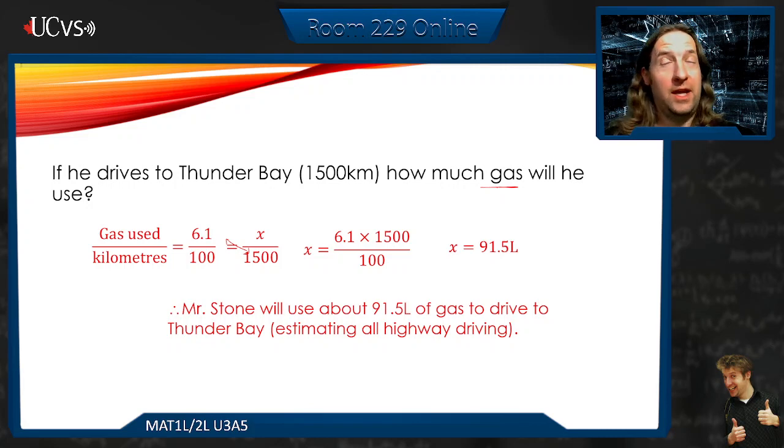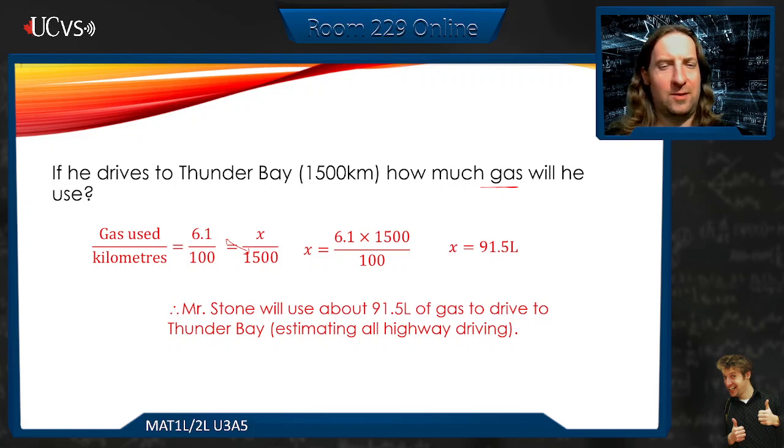which, if I think about it, I can get about 700 kilometers for a tank of gas. So that's about 40 liters. So I'm going to have to fill up twice. I'm going to have to hit 2 gas stations along the way so that I can actually get to Thunder Bay. Okay? So that's filling up twice.